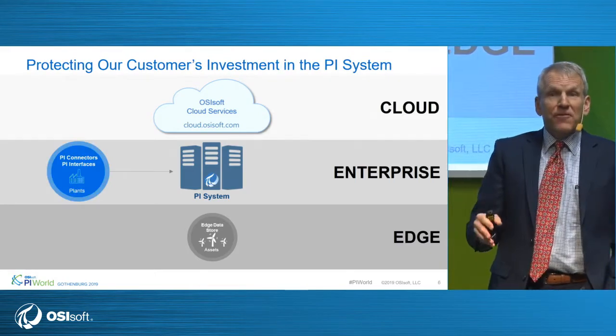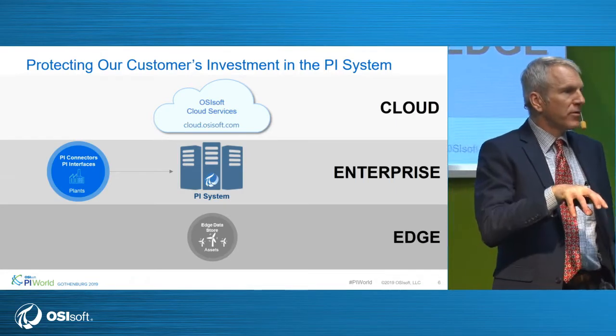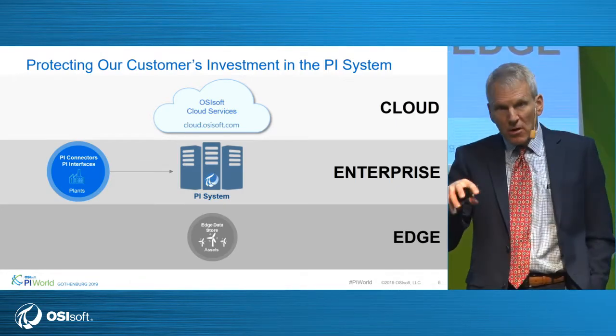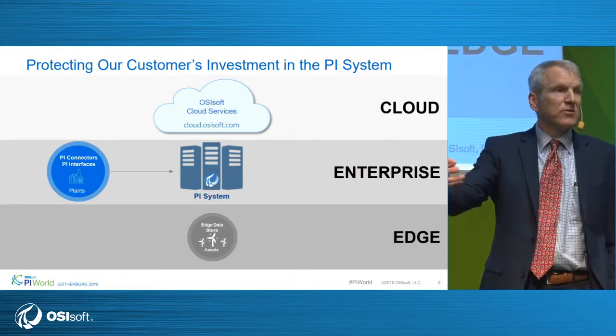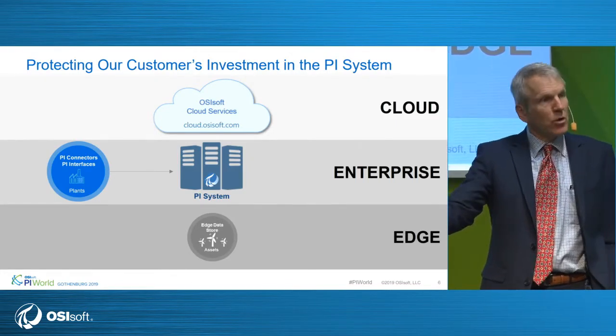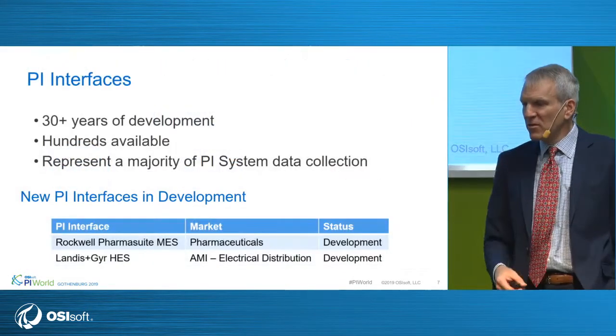So when we look at interfaces and connectors, we made a decision to say we're going to continue to focus that development on our traditional Pi system. So the interfaces and connectors we build today and will continue to build and enhance in the future, we'll target Pi as their destination. So we'll talk just a couple minutes about that.